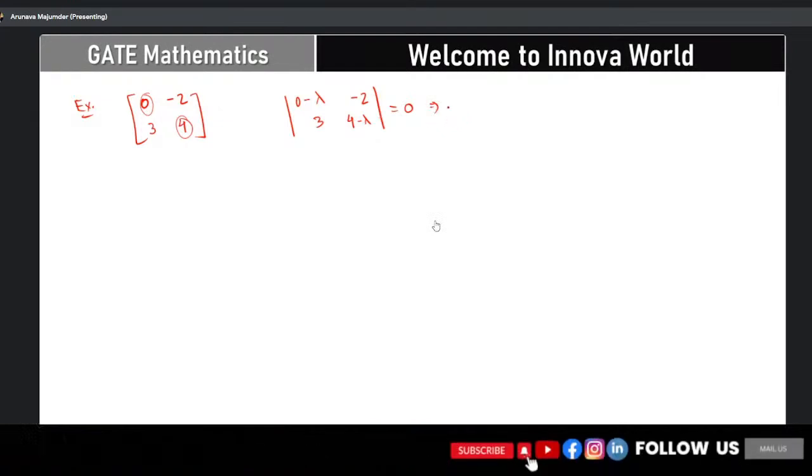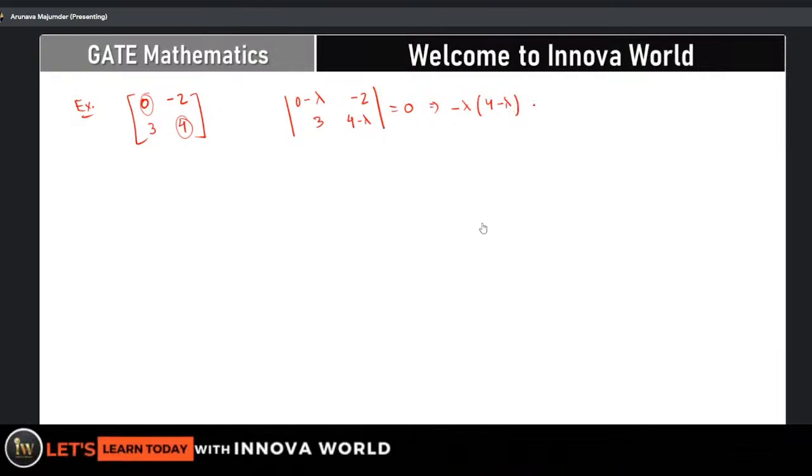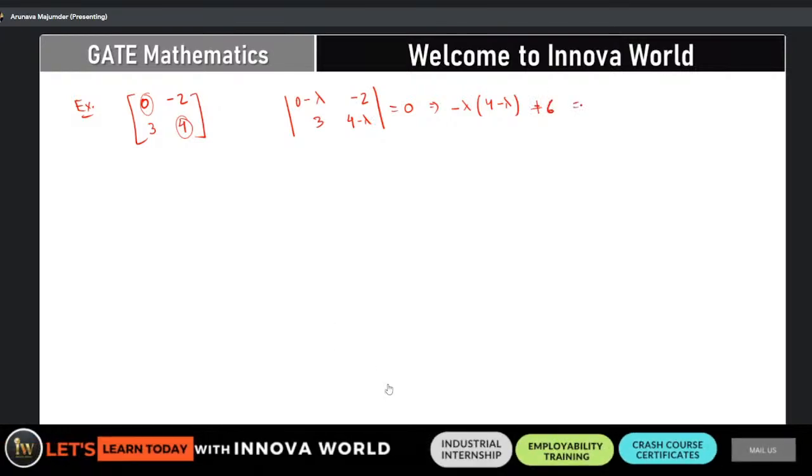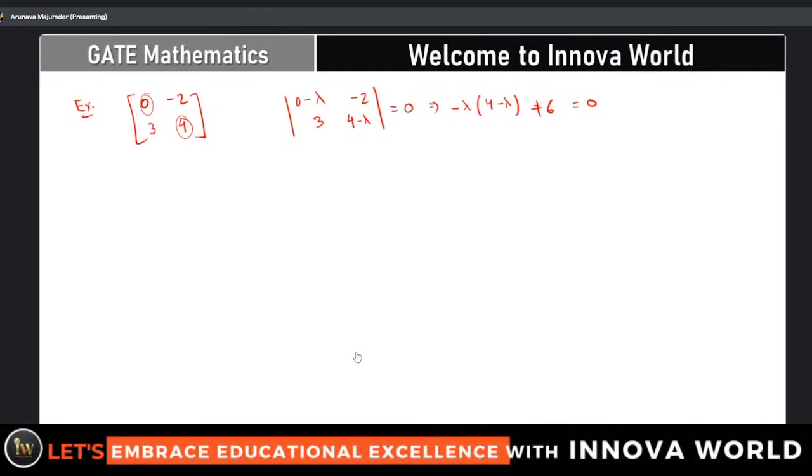Let us solve this. It is minus lambda times 4 minus lambda, minus 1 lambda, and it becomes plus 6 equal to 0. So this is the characteristic equation here. We need to solve it to find the value of lambda.